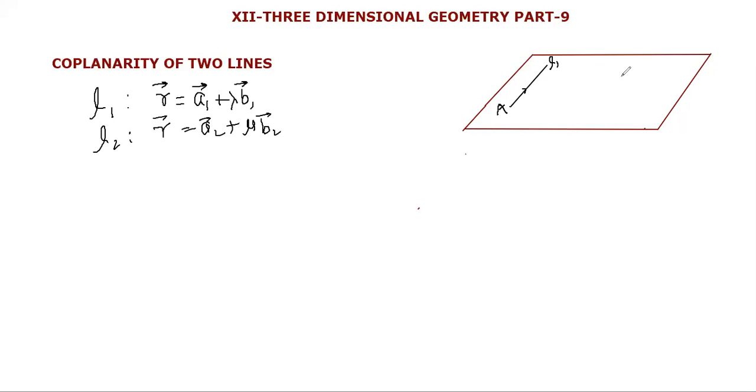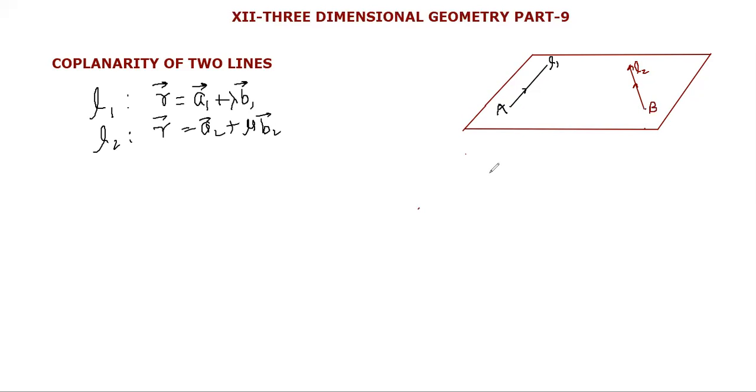Let's draw this line, and suppose that this is L2. As you have seen from the equation, this is also passing through a point B.